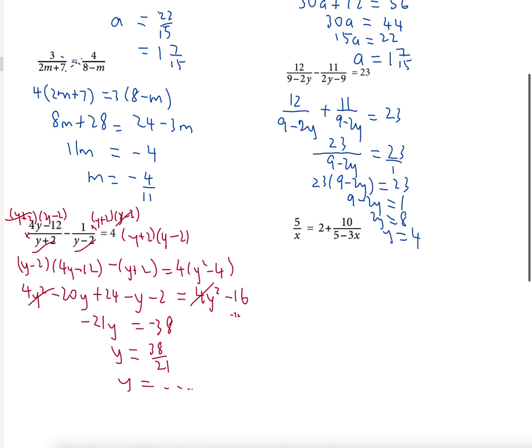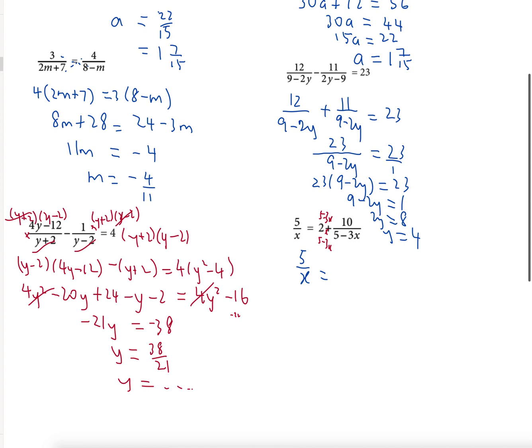Now in the last example, maybe since it's a fraction here, I could make the other one into a fraction by multiplying to get the same denominator. The denominator here is 5 minus 3x, so I need to multiply by 5 minus 3x over 5 minus 3x.